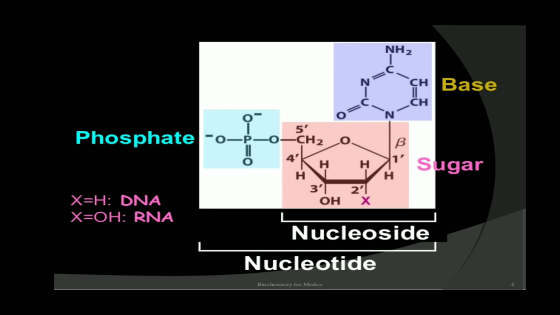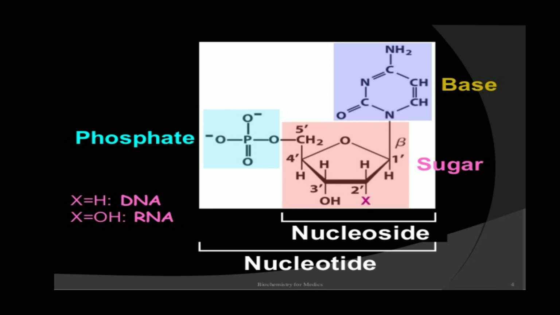The only difference is this X: if X denotes hydrogen in this sugar, then it is DNA, and if X represents an OH group, then it's RNA.